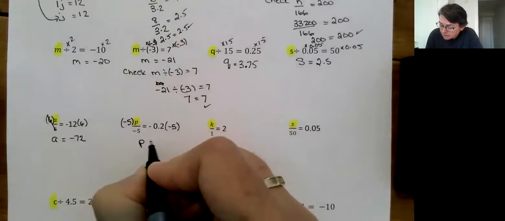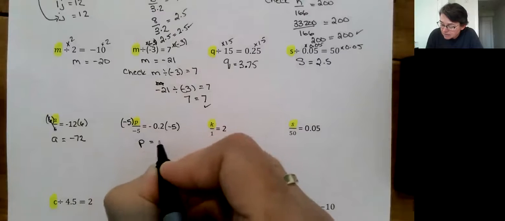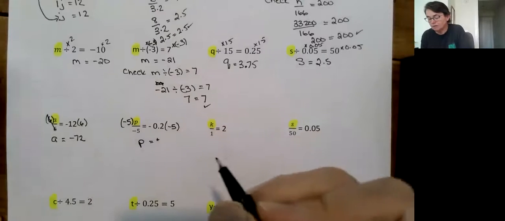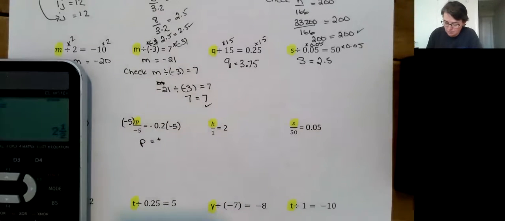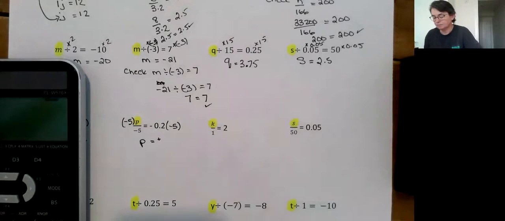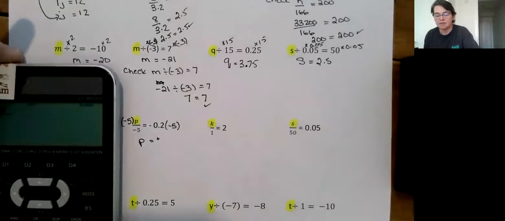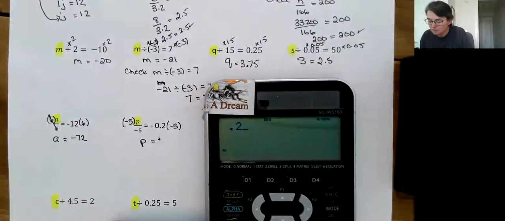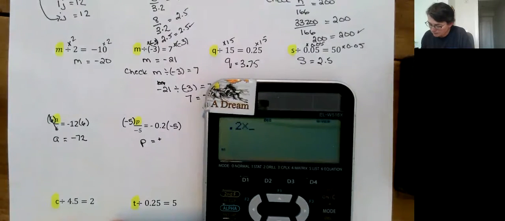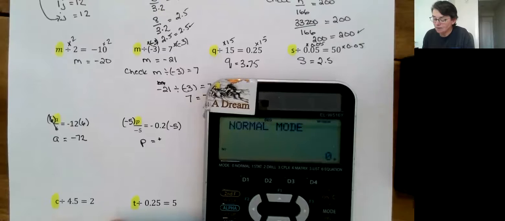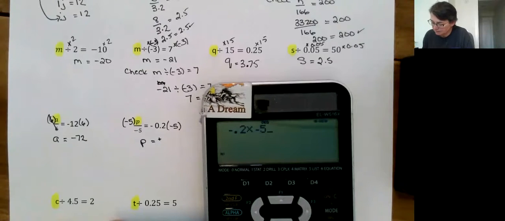So P, now a negative times a negative, I'm going to put that as positive to remind myself what I'm doing. 0.2. That's nice. 0.2 times minus 5. Oops, I forgot to put my negative on the 0.2. I know my answer is right, so negative 0.2 times negative 5.